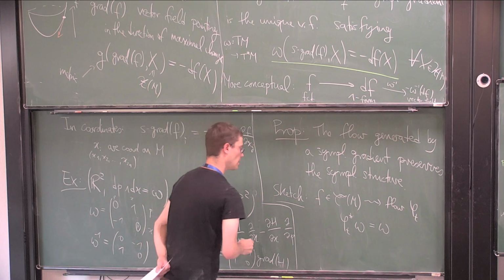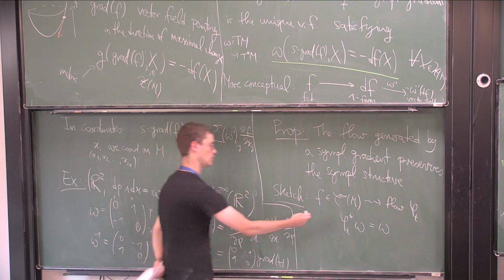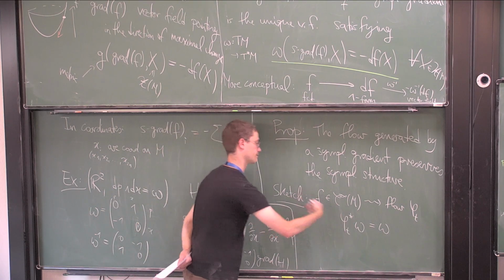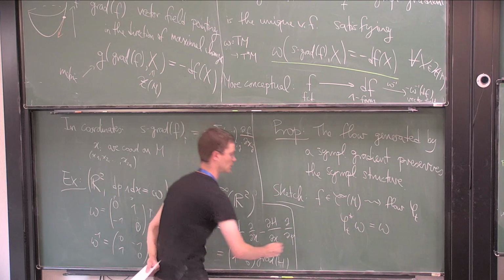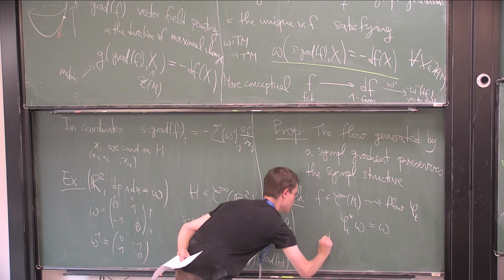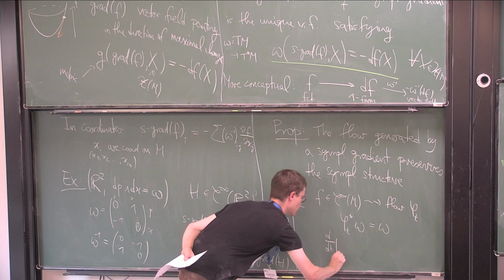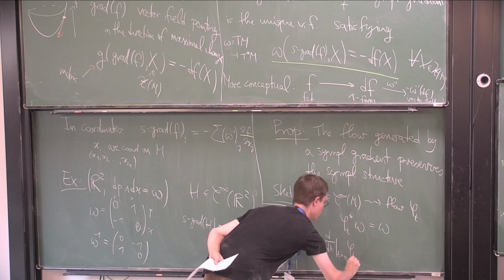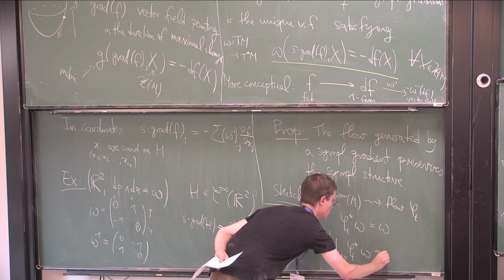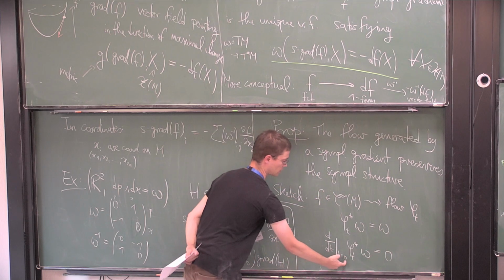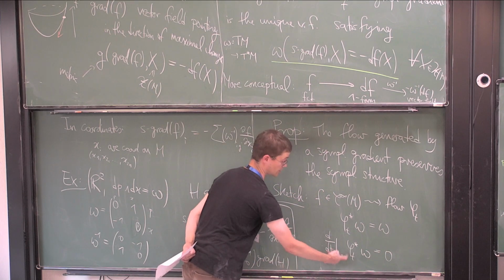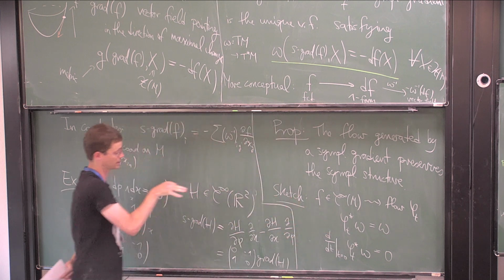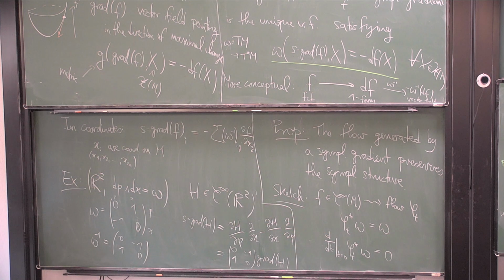So we want to show that the derivative at t equals 0 of this is 0. Doing it at t equals 0 or any other value is pretty much the same, since the flow satisfies the semigroup law.